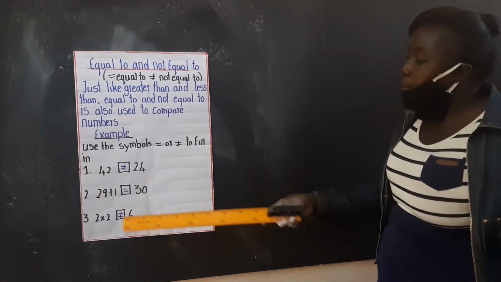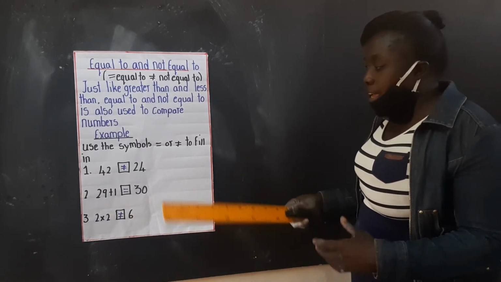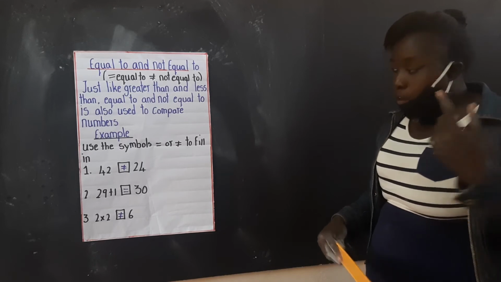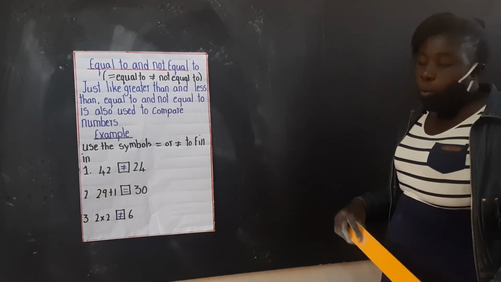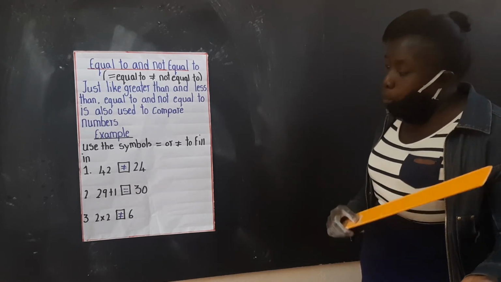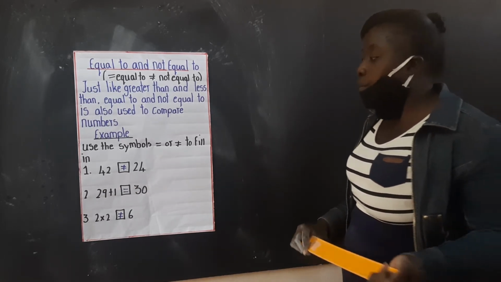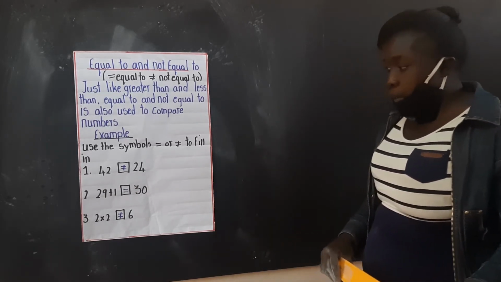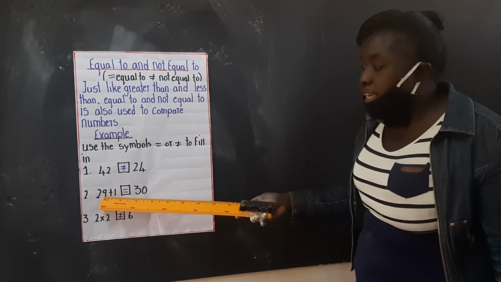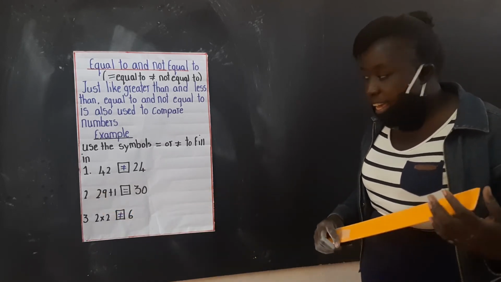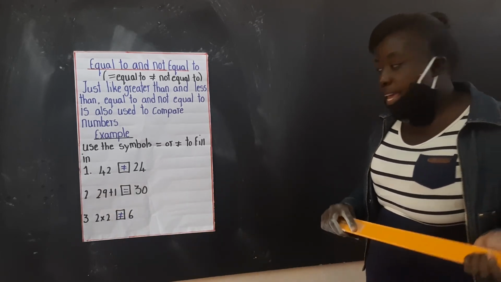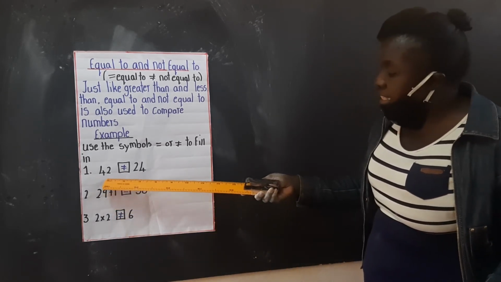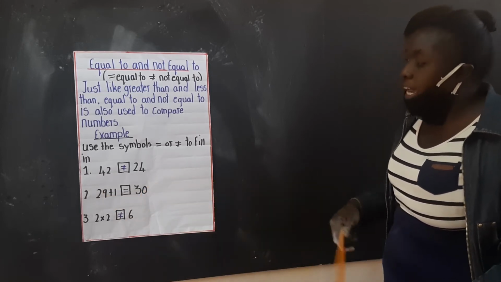So here we have 29 plus 1. You add 1 to 29. What will be your answer? Okay, very good. Your answer here will be 30. Is 30 the same as this one which you have here?